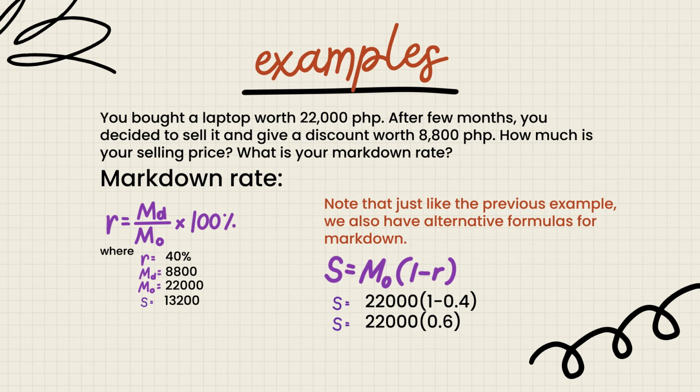So that is 22,000 times 0.6, which is equal to 13,200. So kahit ano yung nawawala, meron siyang alternative na formula.